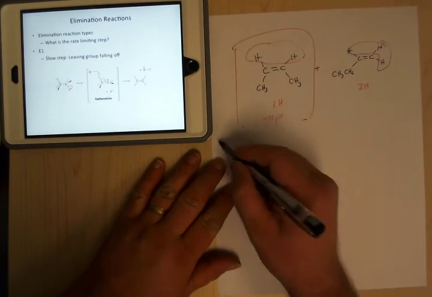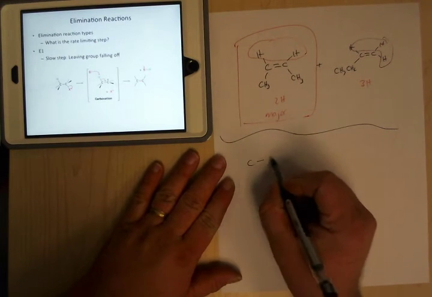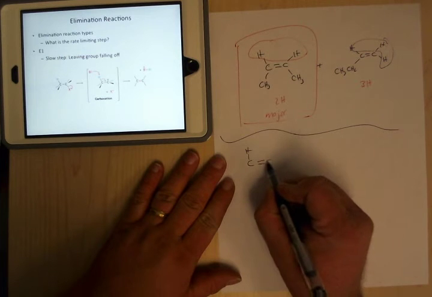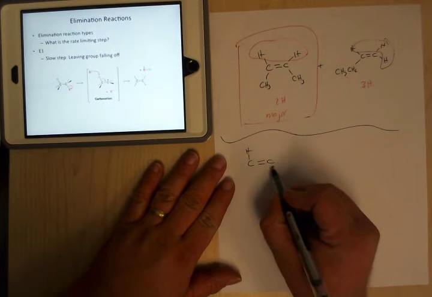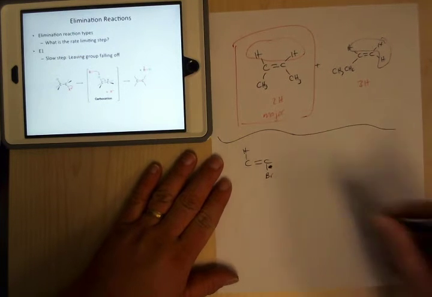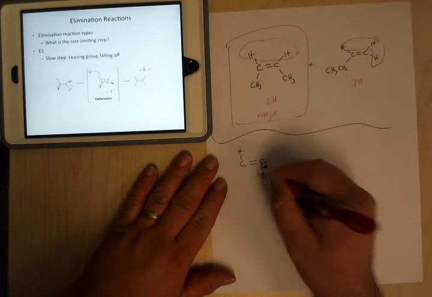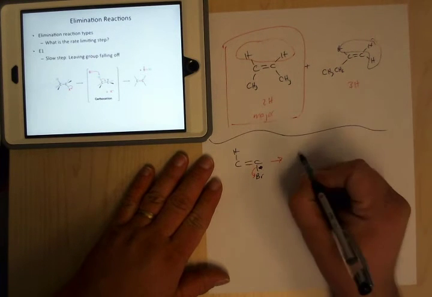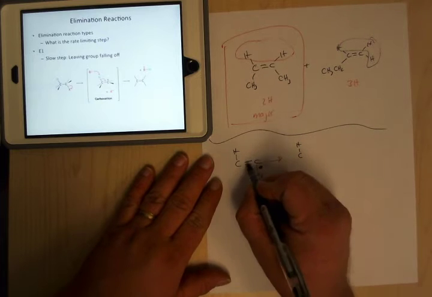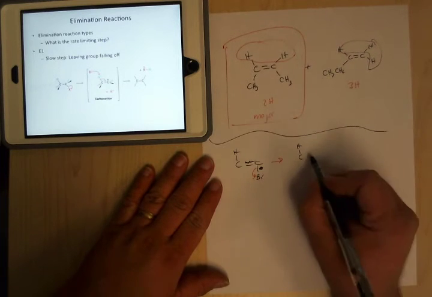Now, what you're going to need, so for here, bromine, this guy leaves to leave this. It's just a single bond.